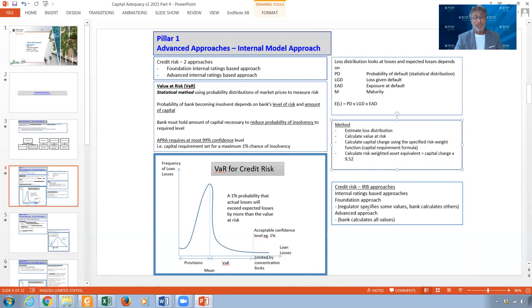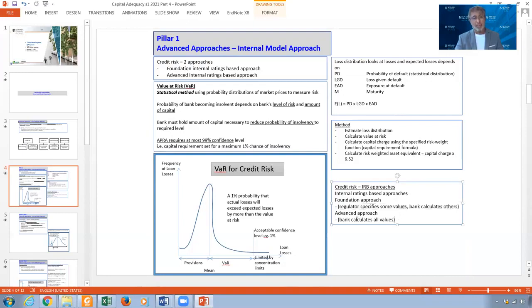Now, some of them, like the IRB approaches, you can have the foundation approach, which means the estimations are coming through the regulators and the financial institutions.